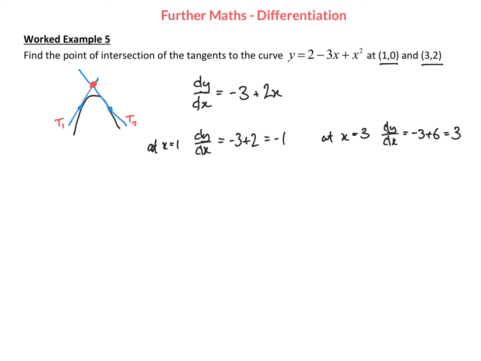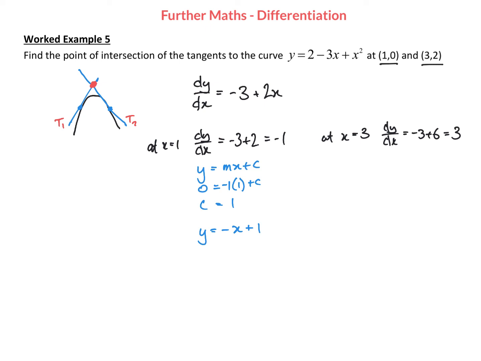So getting the equations of the lines then, y equals mx plus c, I'm going to use the point 1, 0. So 0 is equal to minus 1 times 1 plus c, so c is equal to 1. And so the equation of that line is y equals minus x plus 1.